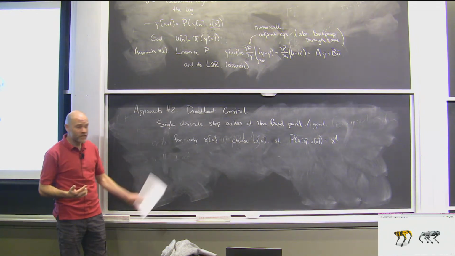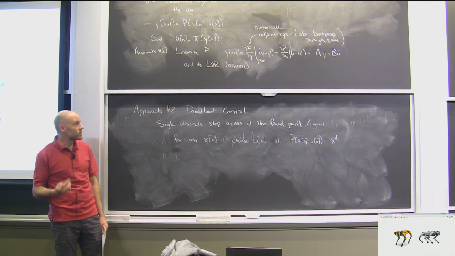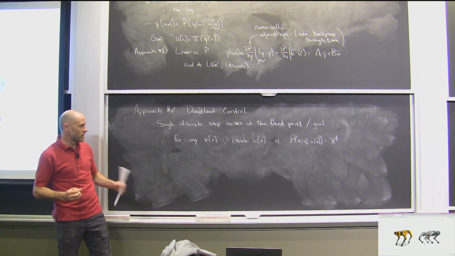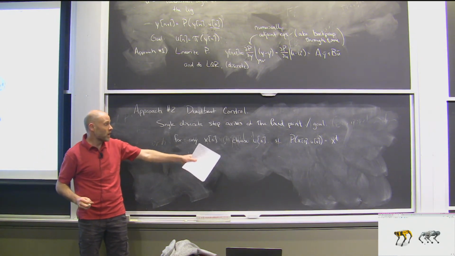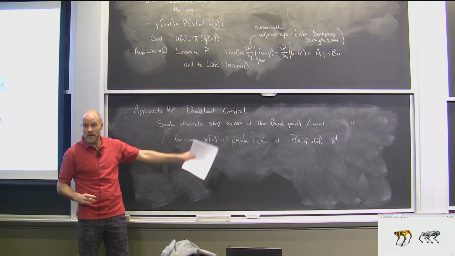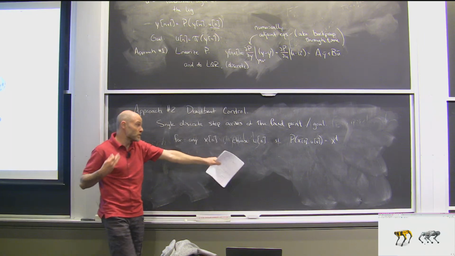So that map has to have some certain properties. It turns out that there's a paper that I cite by Hartmut Geyer and others that shows that this particular apex to apex map for the SLIP model has this property of invertibility in some sense, right?